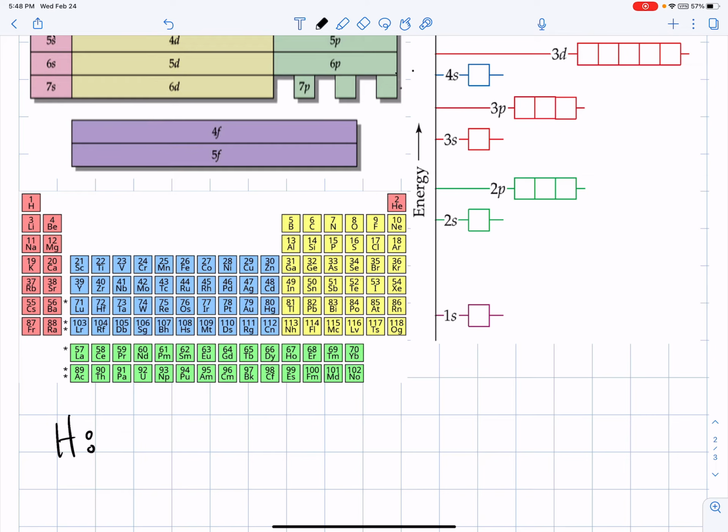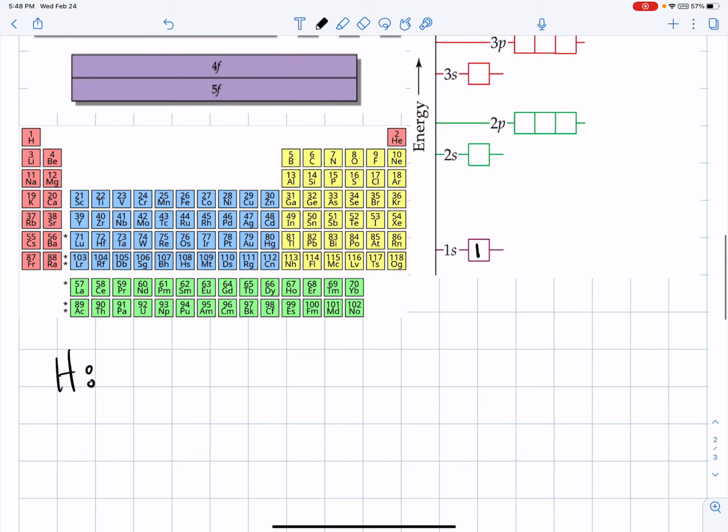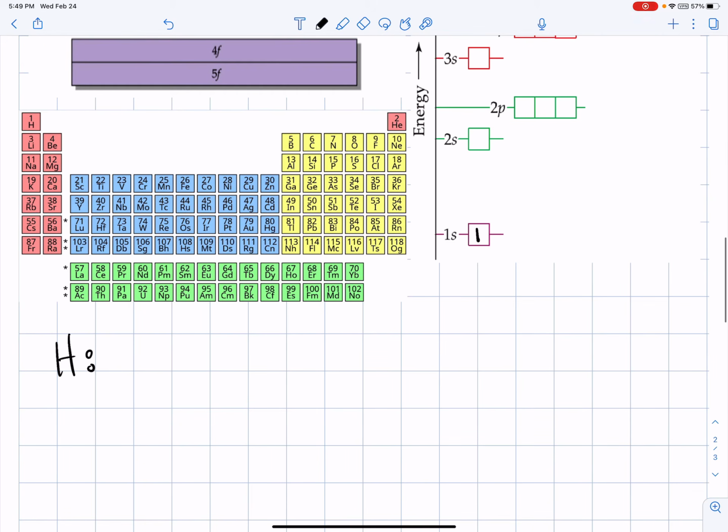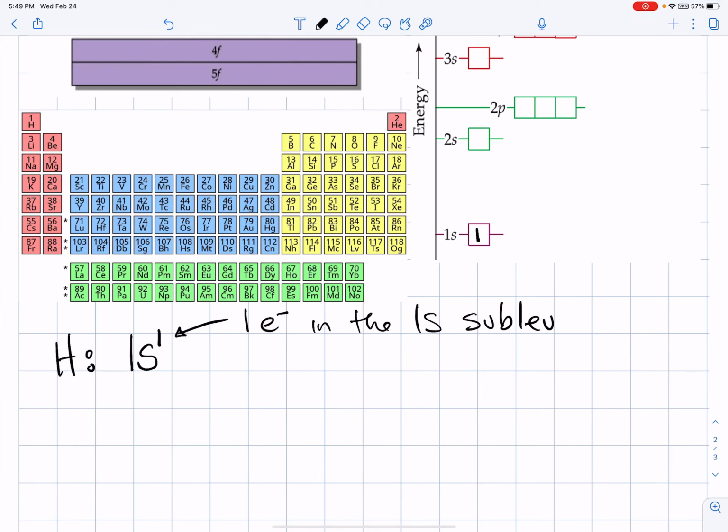The 1 electron can go in the 1s orbital, and we're done. So hydrogen's 1 electron is in the 1s sublevel, in the 1s orbital. So we're going to say 1s, that's the sublevel that it's in, has 1 electron. So the 1 up here is telling me 1 electron in the 1s sublevel. That's what that means.